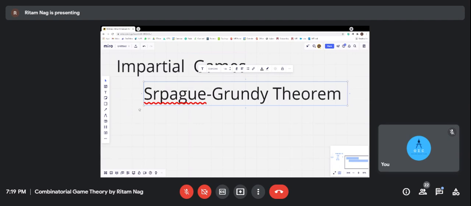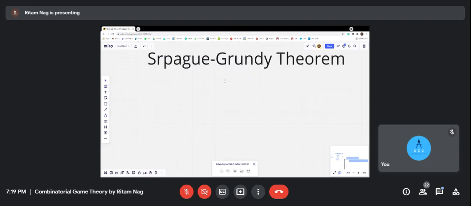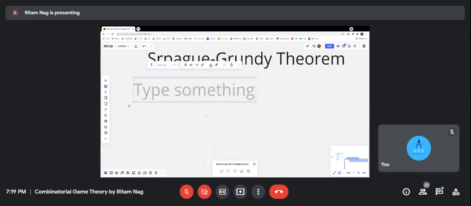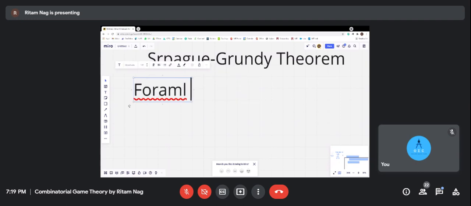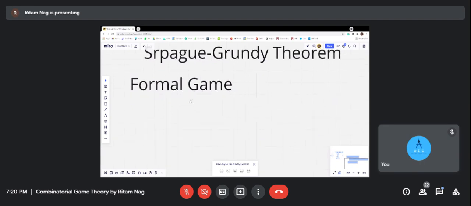The Sprague-Grundy theorem states that you can always do that. You can always find a NIM game equivalent to the impartial game that you have. Before I formally state the theorem and try to prove it, I will try to define a construct called a formal game.